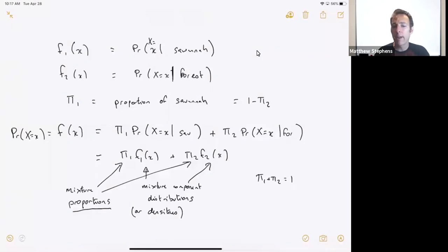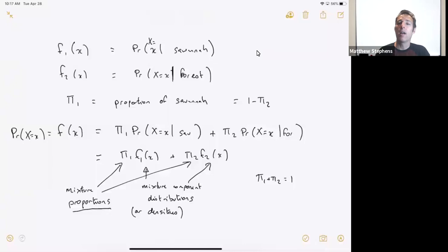We talked about it in terms of elephants, but it doesn't have to be elephants. To give another example, let's suppose we were modeling the heights in a population. Suppose the population consists of males and females in some proportion, and we believe the heights of the males follow a normal distribution with some mean and variance, and the heights of the females a normal distribution with some other mean and variance.